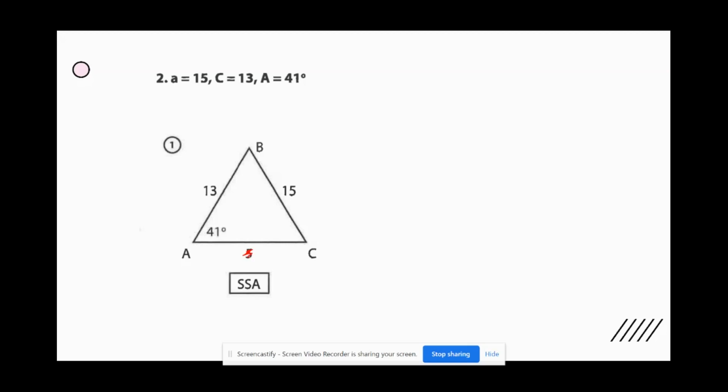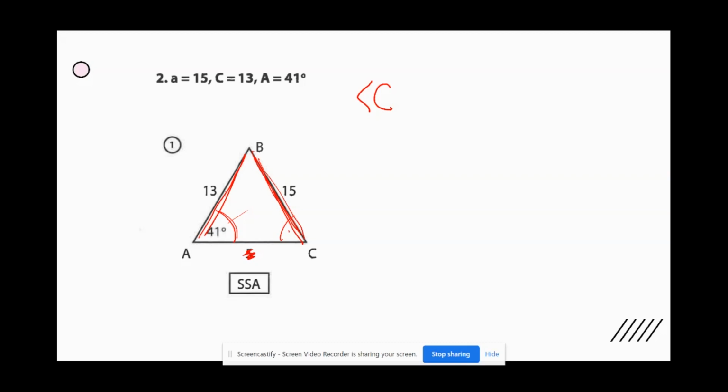Let's ignore that 5 for now. So I would have angle, side, side. What are we trying to find? Well, these match up, so my fruit angle would be angle C, because these two match up and then these two match up.